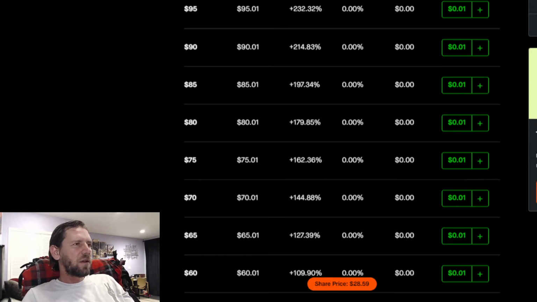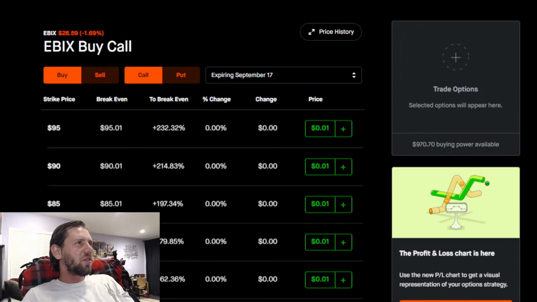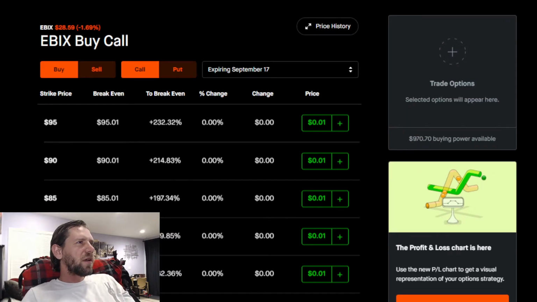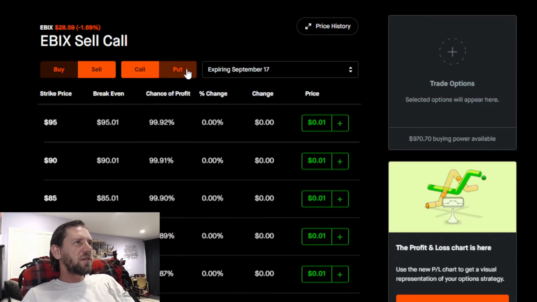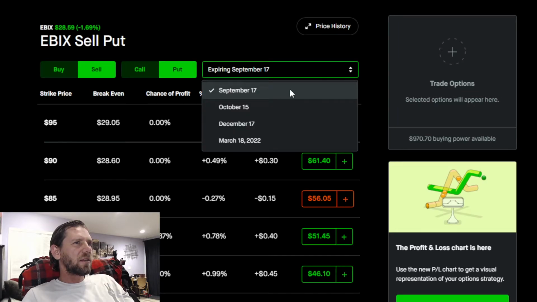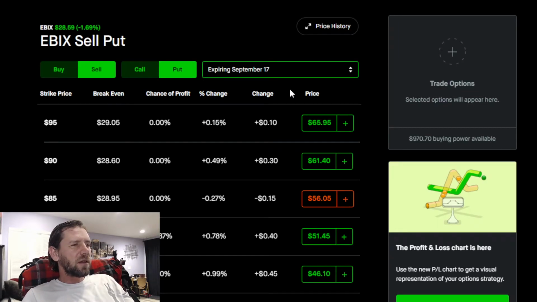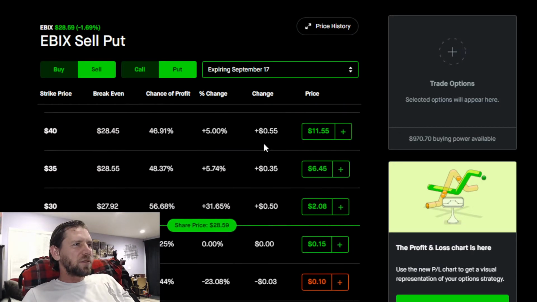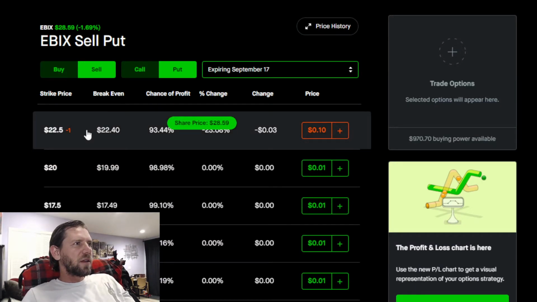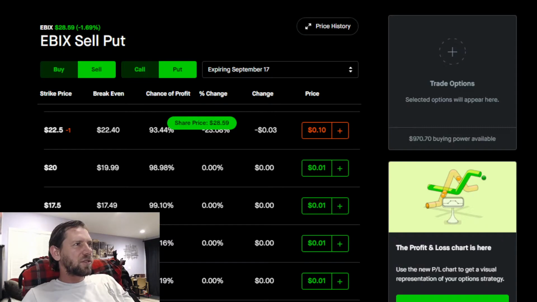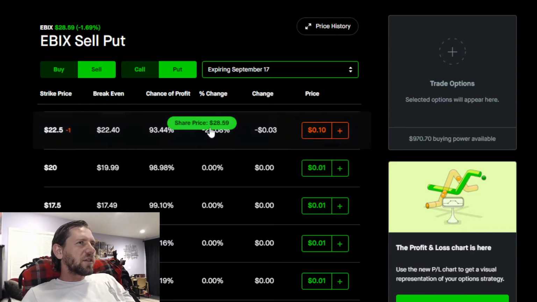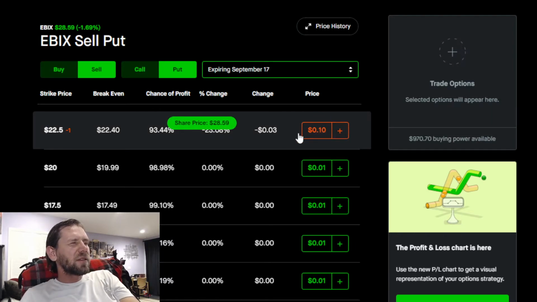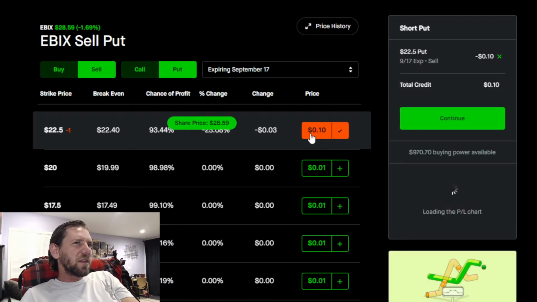You go on the options button and you're going to see this screen here. Let me actually make it normal again. What you're going to do is go sell, put, pick a date, which is September 17th, and scroll down until you find what you're looking for. It just so happens that I've just sold this one. You can see it's priced at 10 cents per share, which translates to $10, because every contract is 100 shares. So you're going to basically sell that.